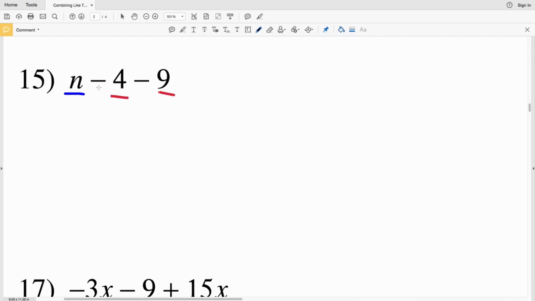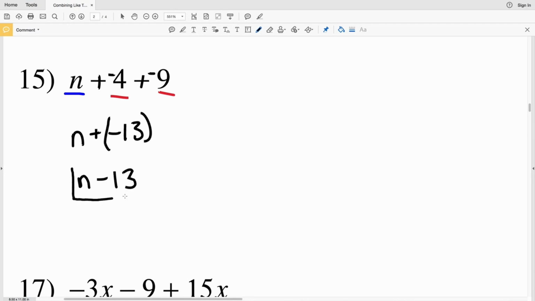But note that this 4, if we were to change everything to addition, is a negative 4, and this 9 is a negative 9. So negative 4 plus a negative 9 is going to be a negative 13. So this is going to be n plus negative 13, which we can rewrite as n minus 13.